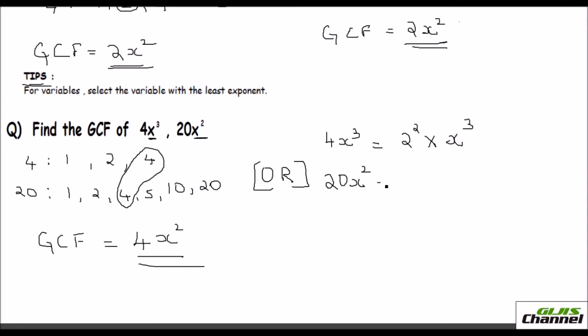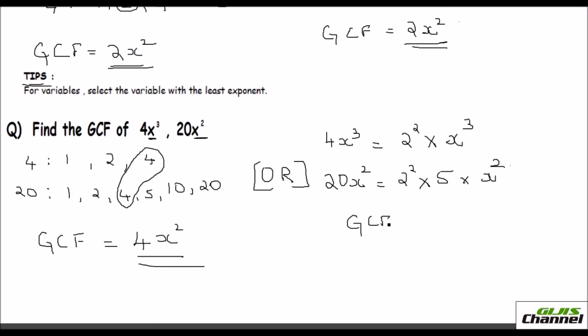So 4 times 5 is 20. 4 can be written as 2 squared, times 5 is 20, times x squared, right? So you just note the common terms alone.